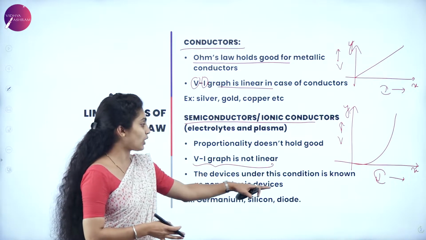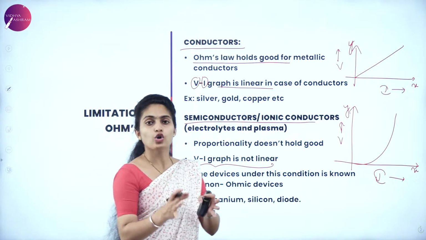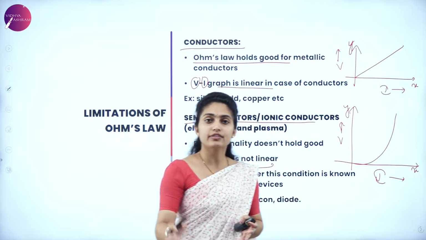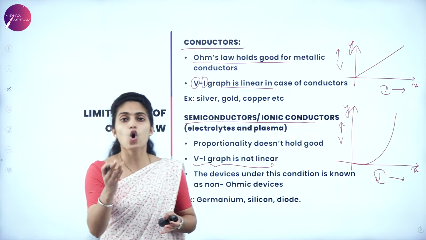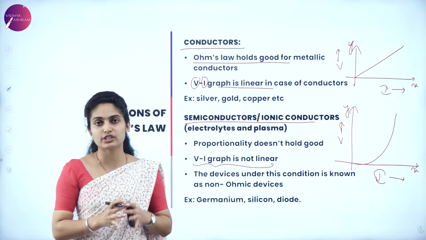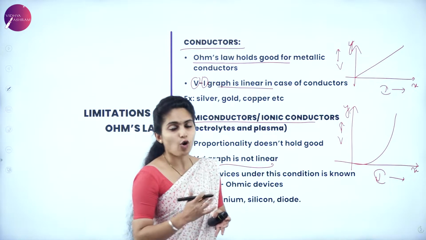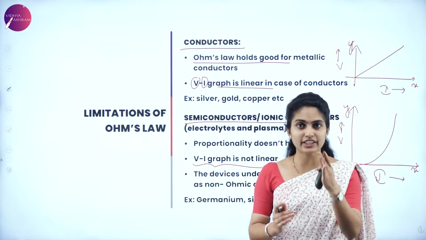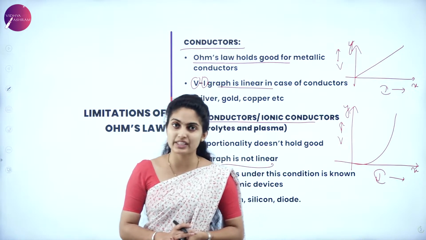The devices used under this condition are known as non-ohmic devices, and the devices which we use under the linear condition are known as ohmic devices. So that is the difference between ohmic as well as non-ohmic devices. In ohmic devices, the proportionality of current as well as potential holds good because it shows the linear condition.